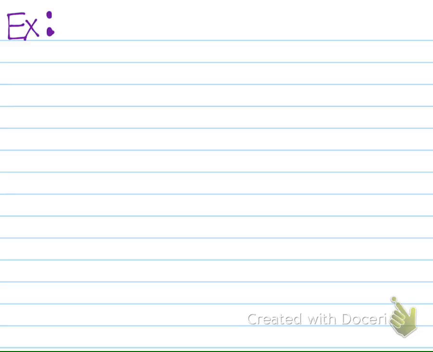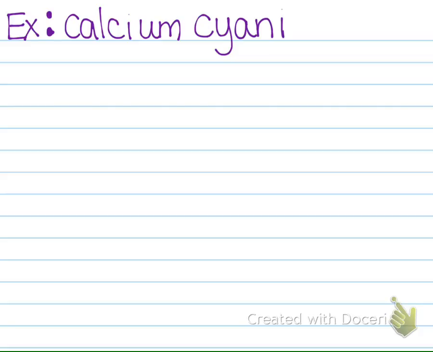Let's try calcium, and let's put that with cyanide. Now, the good thing is that basically you've already learned the rules on how to do these because they're just like your type 1s and 2s. We just have to add a little extra rule in here.